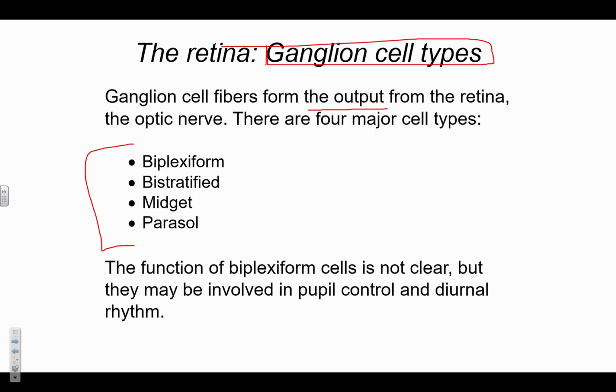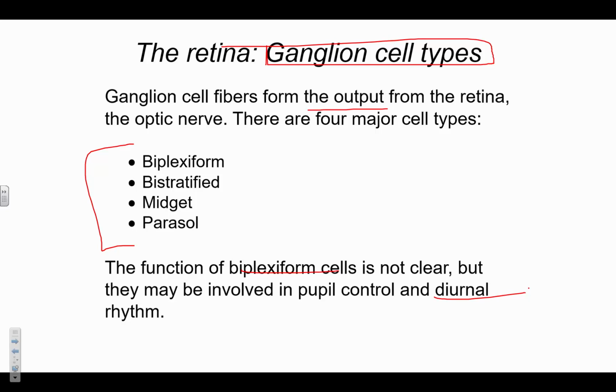Right? And as it says here, who knows what those biplexiform do? A lot of these are actually involved in diurnal rhythms. For those of you interested, there are retinal ganglion cells that are sensitive to light. They're photosensitive.